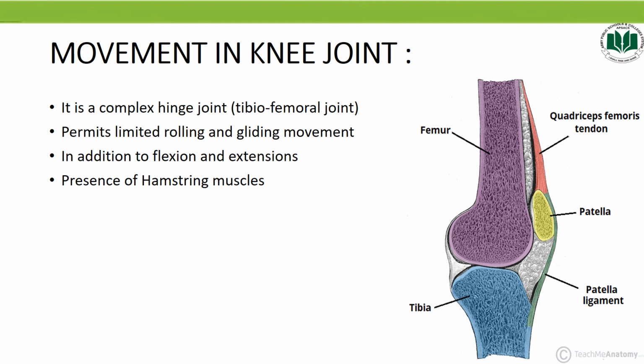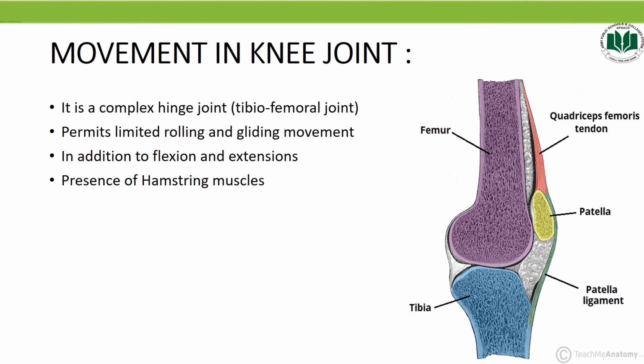And as we all know, the knee joint is the largest and the most stressed joint in our body, so the arrangement of the bones in the joint provides a fulcrum that translates the action of the flexor and extensor muscles of the knee.